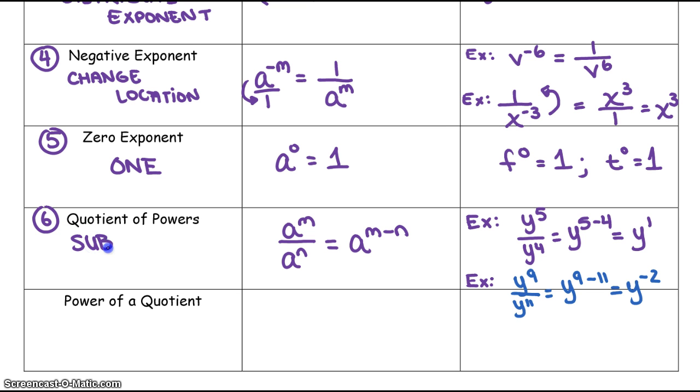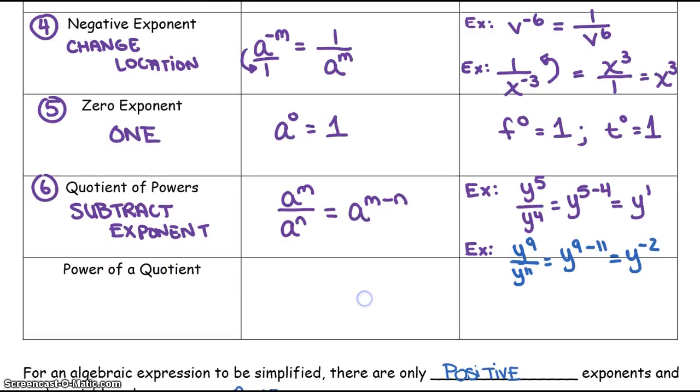So we subtract the exponents. Okay, and sometimes we can get positive exponents, sometimes we can get negative exponents, and this kind of goes with all of these rules. But when it's negative, we have to change its location. Don't forget that.